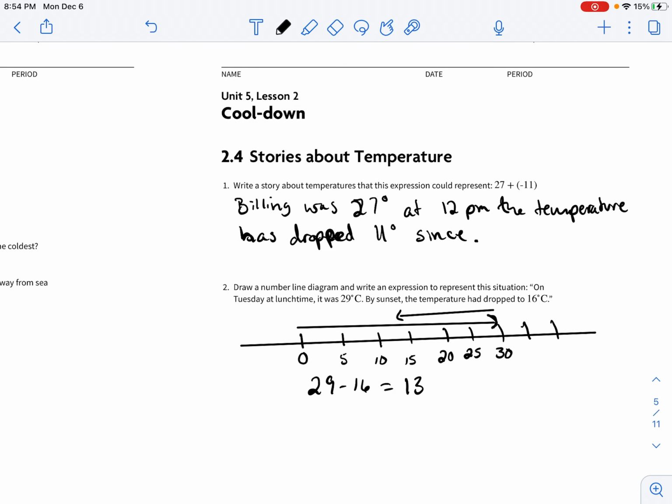Okay, and then number 2, it says draw a number line diagram and write an expression to represent the situation. On Tuesday at lunchtime, it was 26 degrees Celsius. By sunset, the temperature had dropped 16 degrees Celsius. So here we've got our number line, and I went from 0 to 30, sorry, 29, because that's the initial temperature.